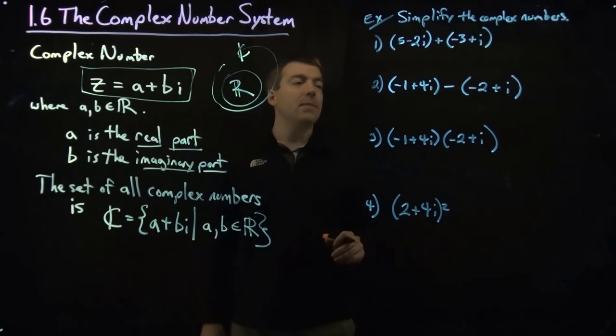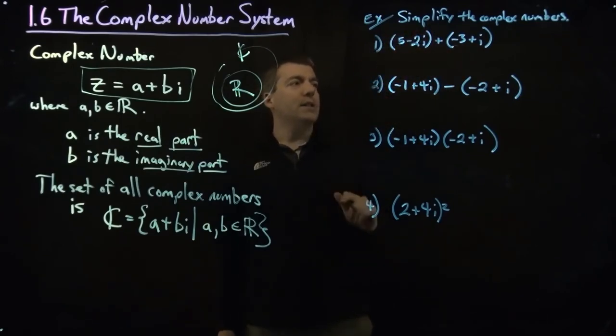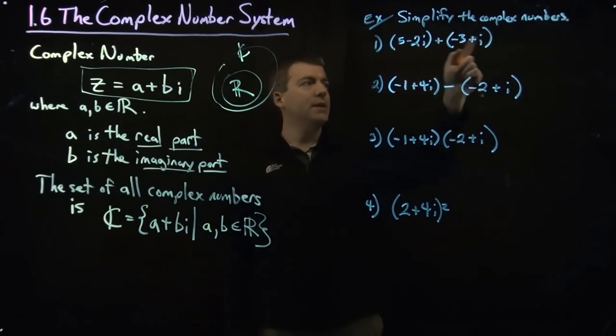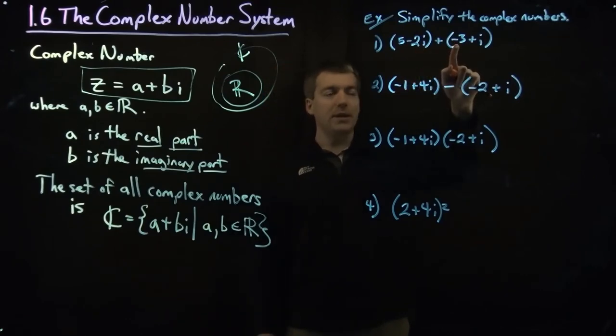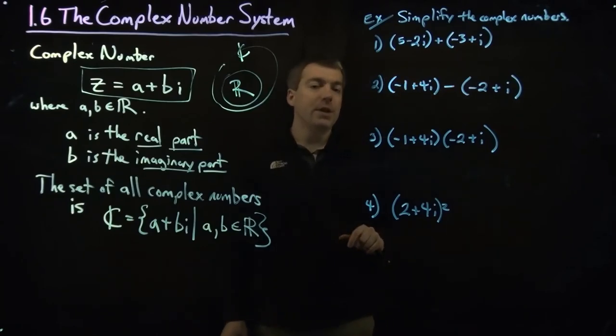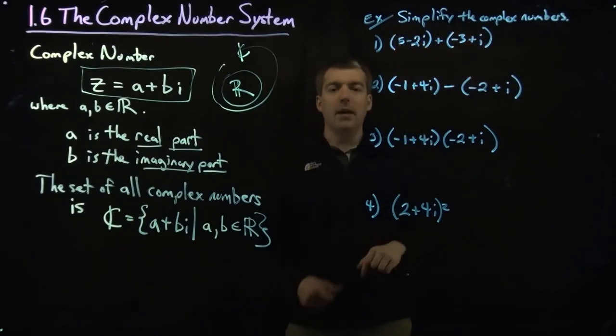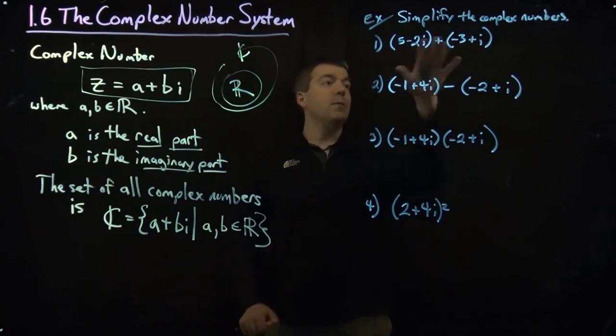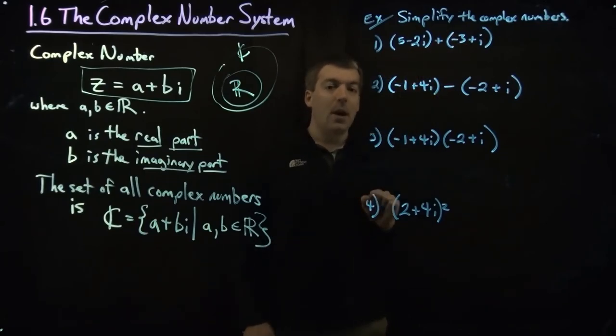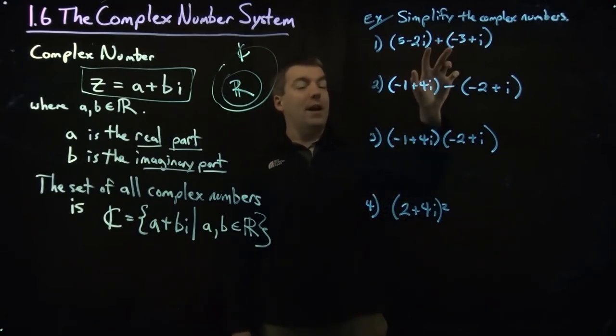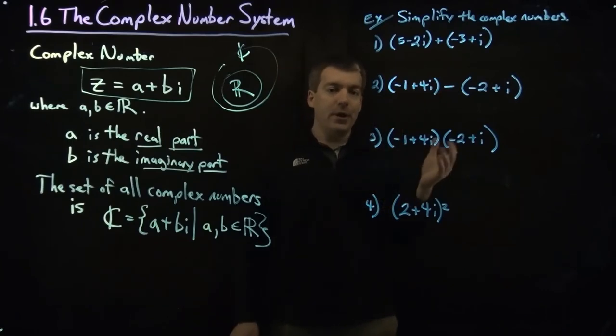Let's work these out. So here we have two complex numbers, 5 minus 2i, plus the other complex number, -3 plus i. And the first thing you want to do when you look at an addition or some type of arithmetic operation with complex numbers is identify the real part and the imaginary part.